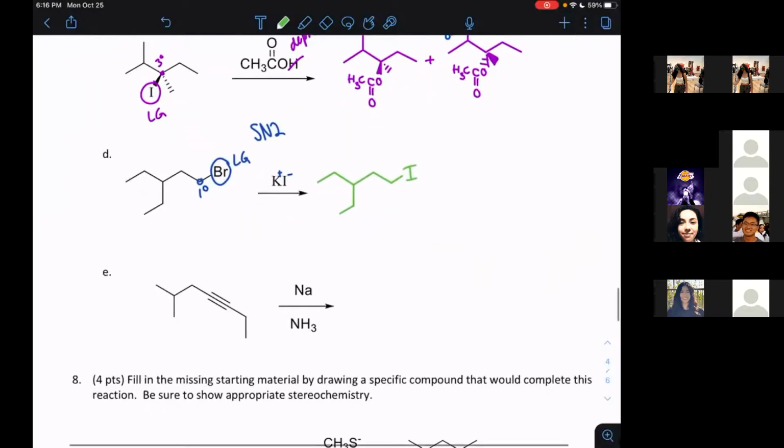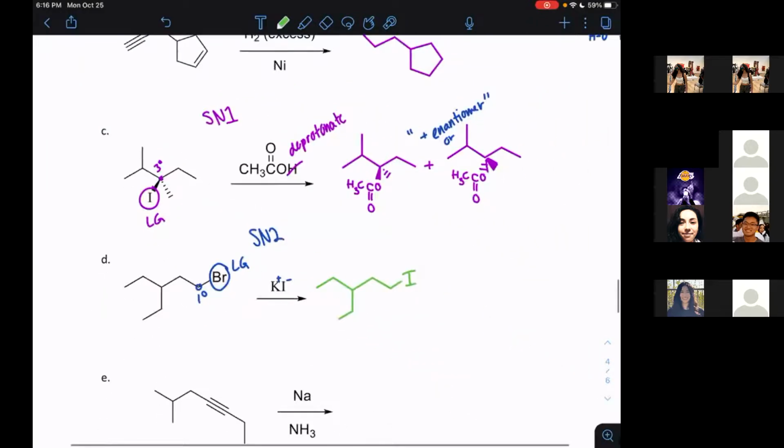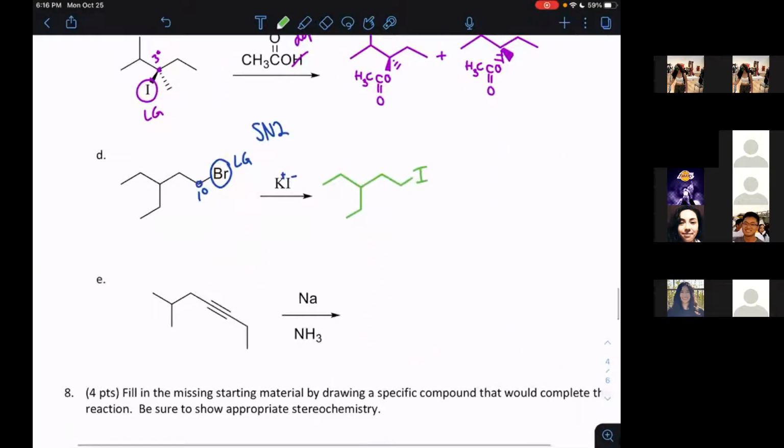I was checking to see if there are any chiral centers, but no. Good question. We don't have to indicate anything. You would only need it indicated if you're naming the compound. It's not a chiral center, because there's 2 hydrogens.